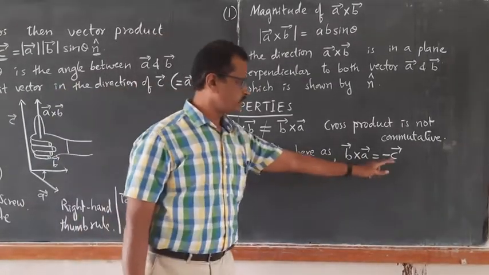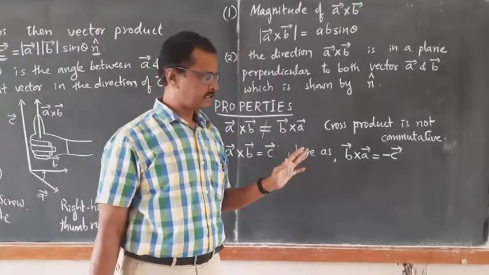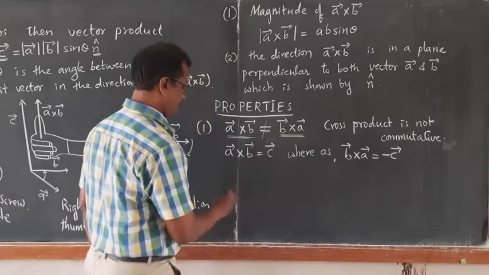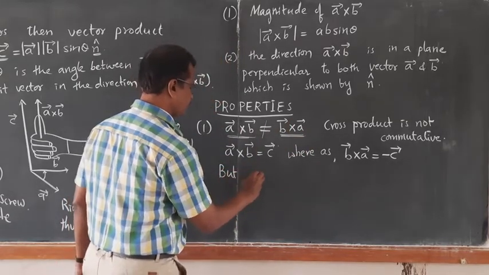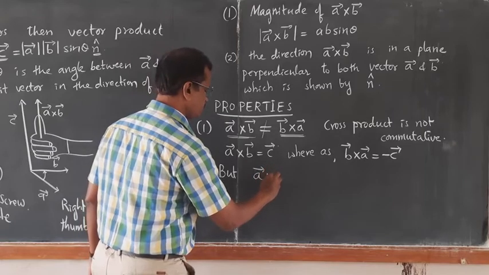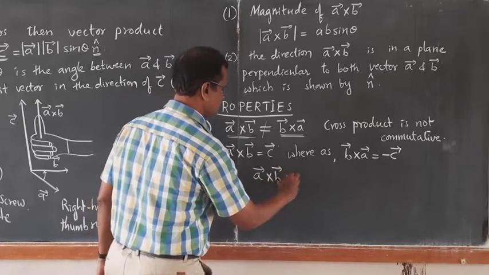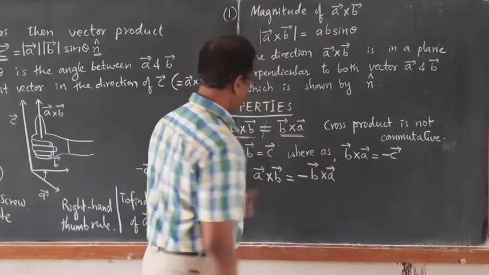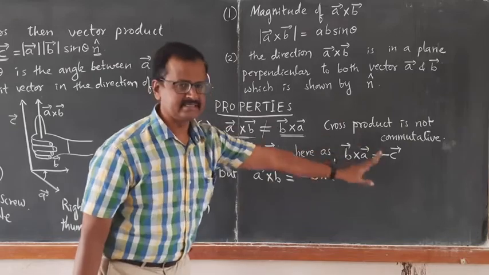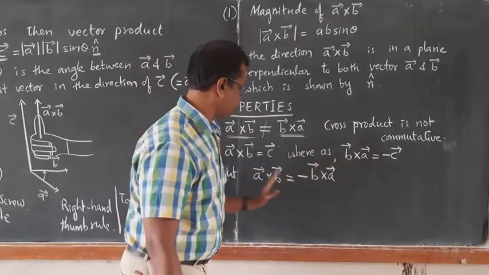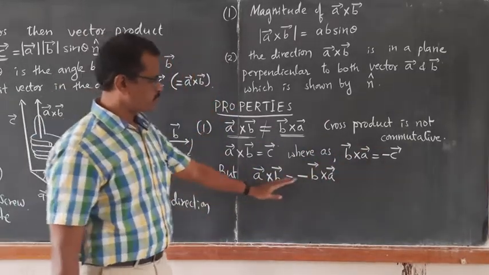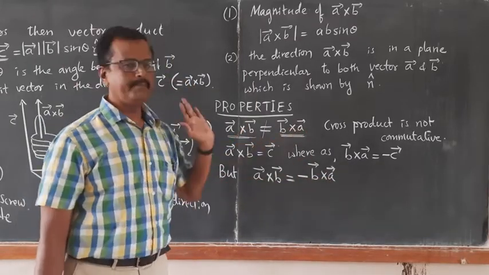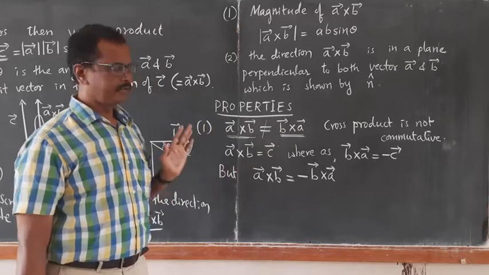Therefore, we know that vector C is not equal to minus vector C. Therefore, A cross B is not equal to B cross A. But rather we can write A cross B is equal to minus of B cross A. That is C is equal to minus of minus C, that is giving us C. So A cross B is equal to minus of B cross A. Therefore, A cross B is not equal to B cross A. It is not commutative. This is very important.